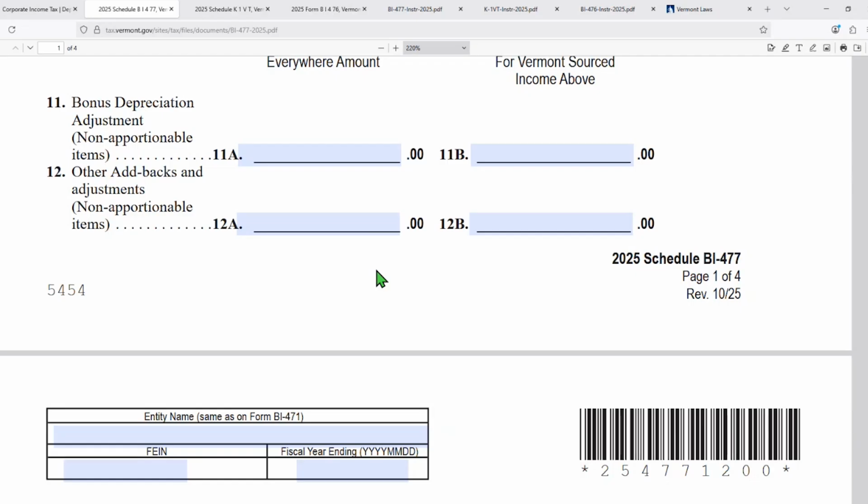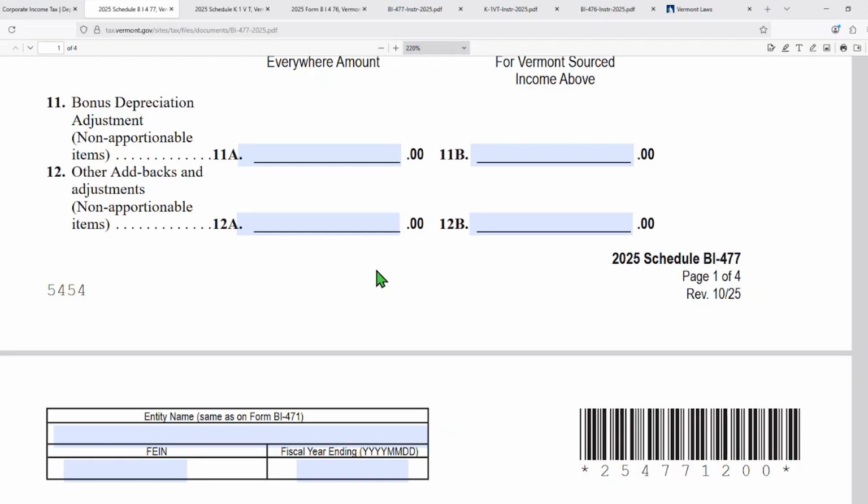Maybe that piece of machinery is located somewhere else, in Wisconsin. You report the gain above as non-apportionable, and then you zero that out of Vermont because it was located in Wisconsin. So we have a bonus depreciation adjustment for it.